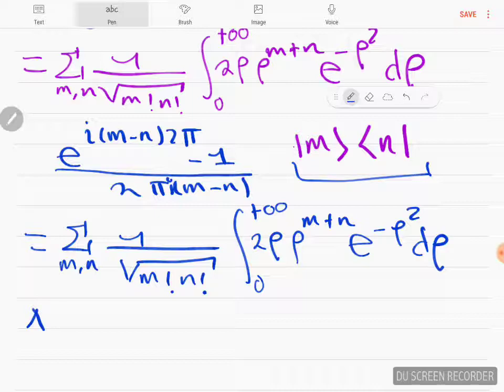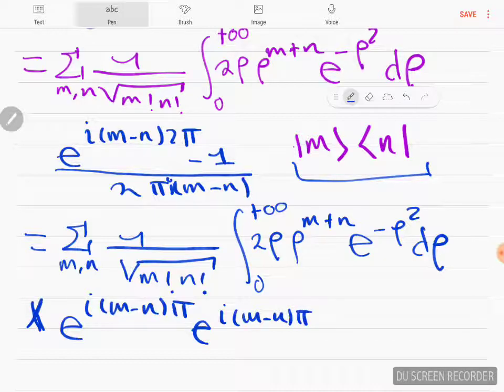I'm going to factorize the exponential; let's do this slowly so some of you can track this calculation. I'm going to write the first one as e to the i(m minus n) pi times e to the i(m minus n) pi.